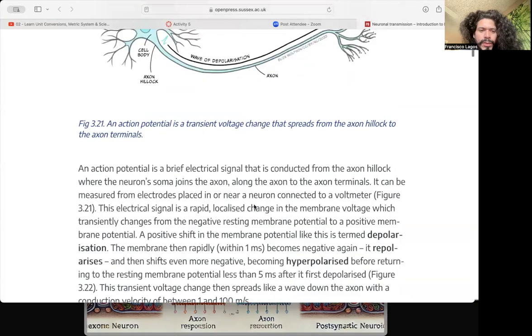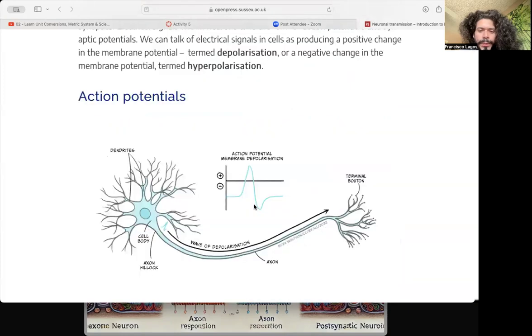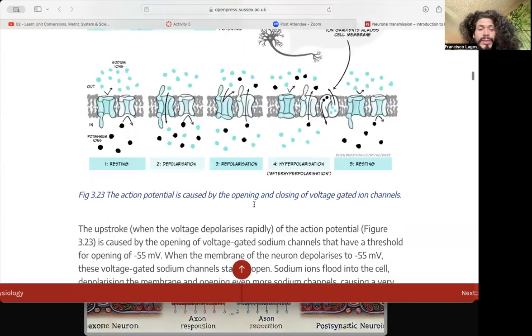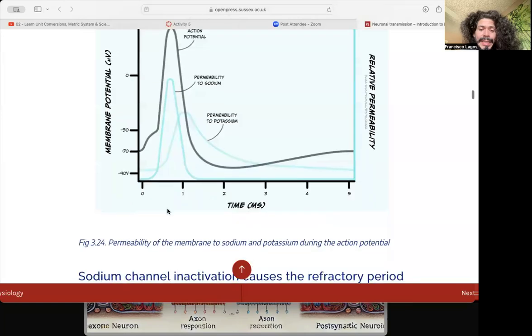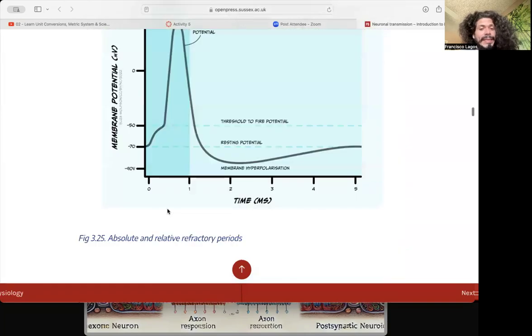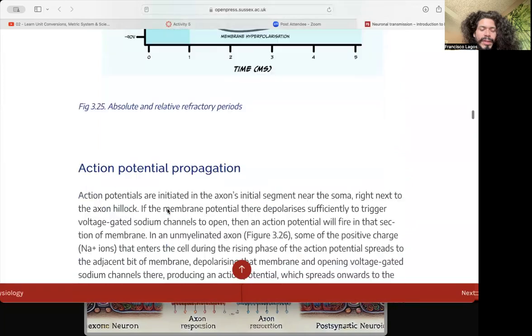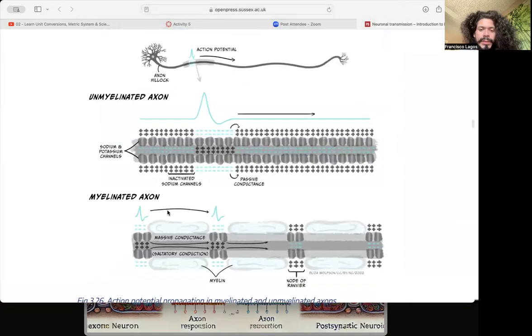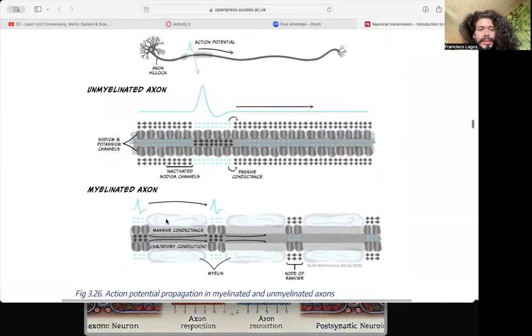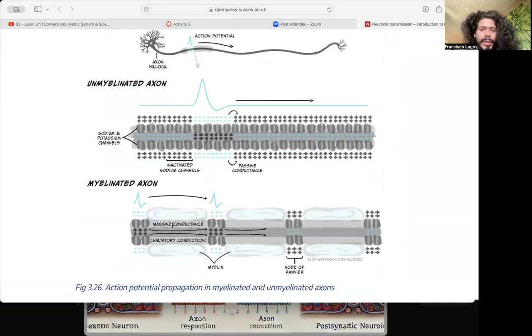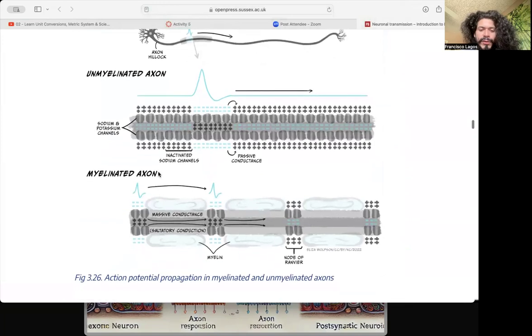I think the picture up here was a little nicer. Essentially what the sodium potassium pump does is it keeps the balance, which is really important because you don't want to be imbalanced. But that can happen. Good. This is another really nice picture.